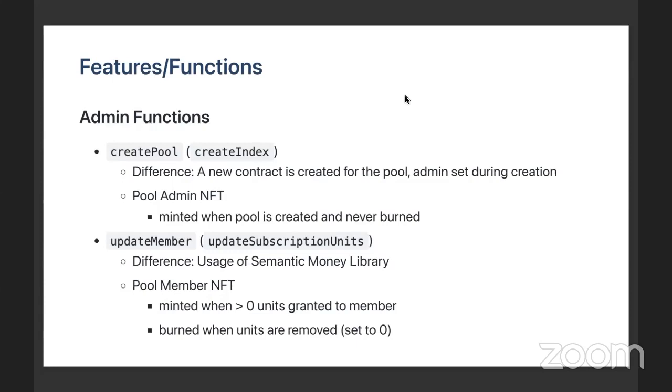Creating it out of thin air is only available to the admin, but as a member, you can transfer it around just like ERC20 itself. Okay, so it's like mint or burn, but instead of the delta, you provide the absolute value. Yeah, exactly.